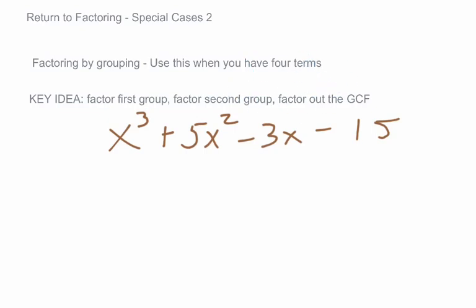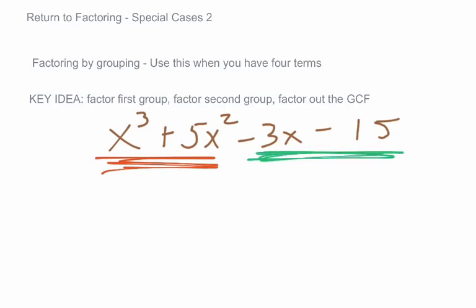Now, if you're wondering what I'm talking about with groups, we are going to take these 2 and factor them as though they were the entire problem. So we're just going to look for a common factor. Then we're going to take these 2 and factor those with a GCF as though that was the entire problem.